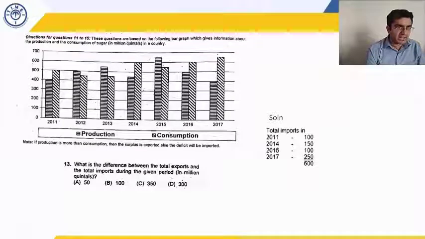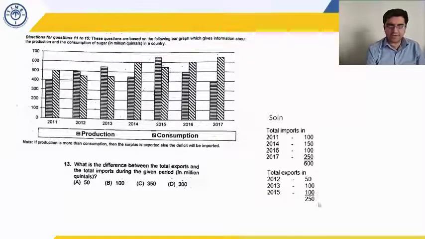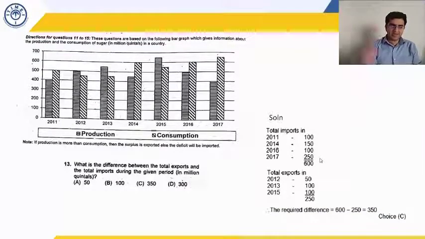And then we already calculated the exports as 50, 100, 100. So the exports is 250. And the question is asking, find difference. So 600 minus 250 is 350.